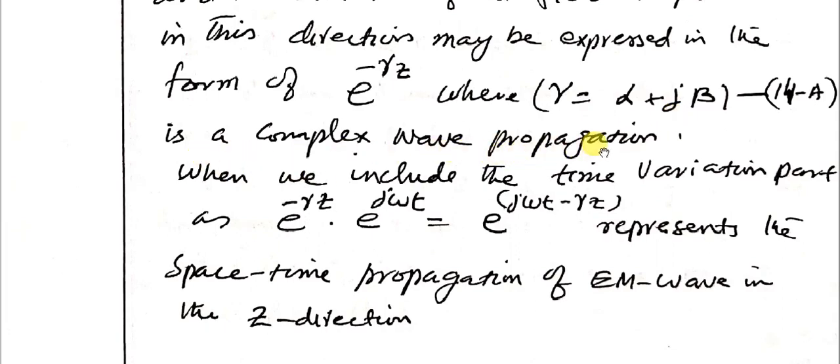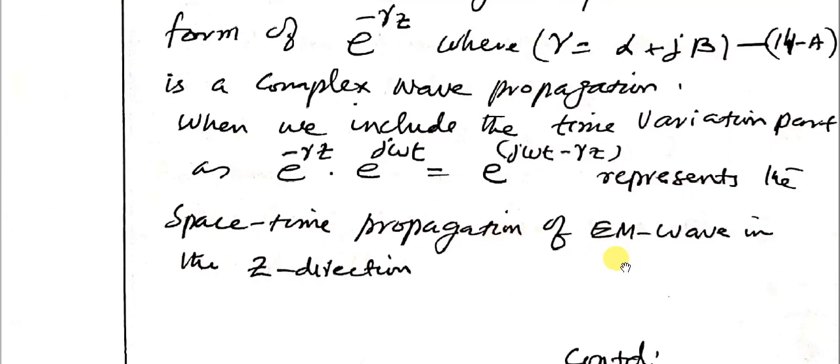When we include the time variation part as well, we get e to the minus gamma z into e to the j omega t. So altogether e to the j omega t minus gamma z represents the space-time propagation of the electromagnetic wave in the z direction.